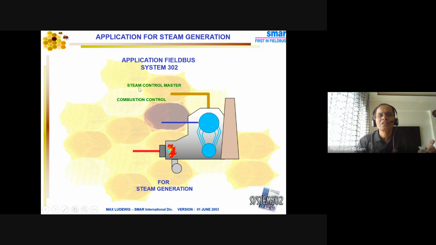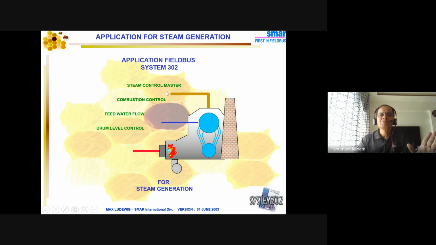So steam control is here, where the final steam comes out. In this section, combustion control comes. Then the third important control is feed water flow. Last time we saw feed water and drum level control. This is the drum, and the level of the water inside is a very crucial control here.